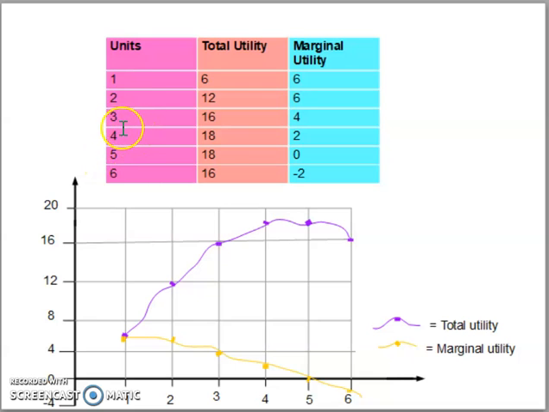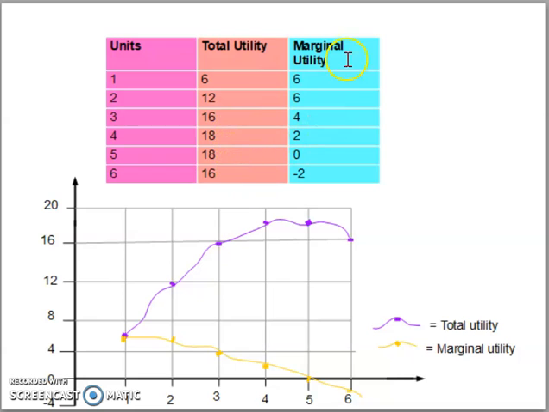When we have three ice creams, the total utility will be 16, and the difference between the previous one and the present one will be the marginal utility. So 16 minus 12 will be 4. This is the marginal utility.